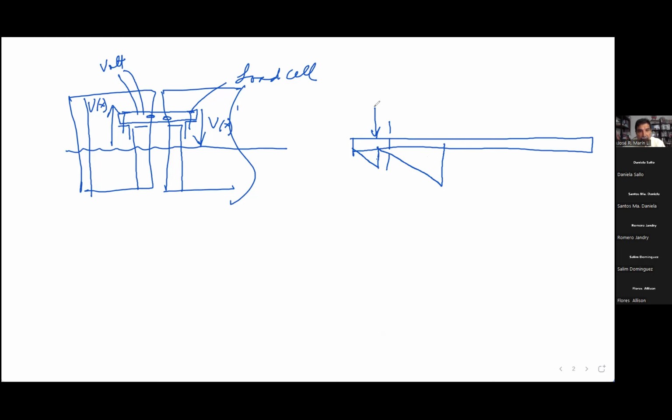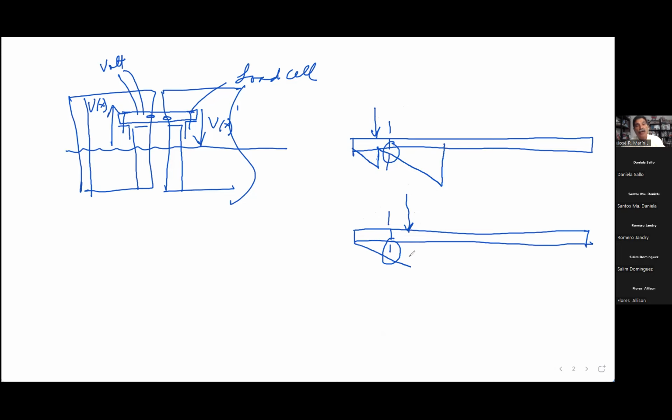Now, what happens if I change the position of this force a little bit to the right? Okay, so if I do that, we're going to have something like this. Let me put this to the right-hand side. So here I have the cut. So now we're going to have something like this, and the value is going to be different than this one.